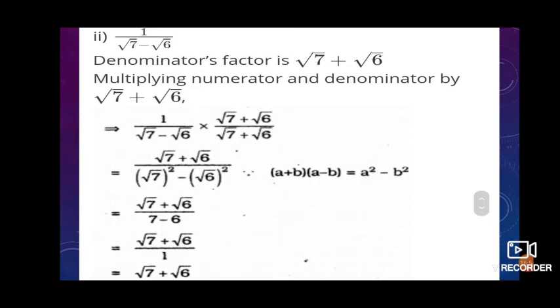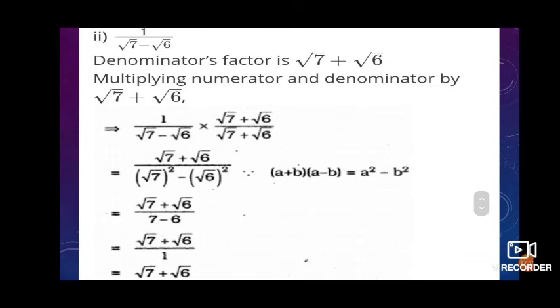Next, 1 by root 7 minus root 6. In the previous sum, it was very easy. We just took a direct way. But here we have the denominator as root 7 minus root 6. So how can we do this sum? We'll try to make out the formula a plus b into a minus b. Why? Because if we make out that formula, then we will get direct squares, children.